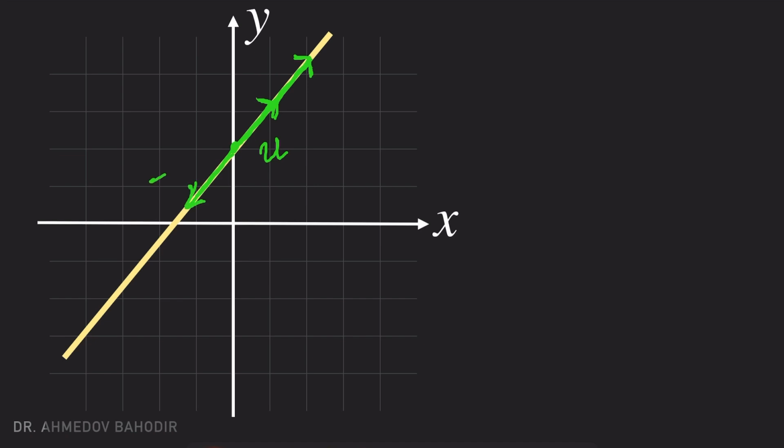So this is going to be, let's say, -u, this is 2u. You see, all of the multiplications of a constant by u are going to give me a vector along this line again. So you can choose another vector v, for example, along this line.